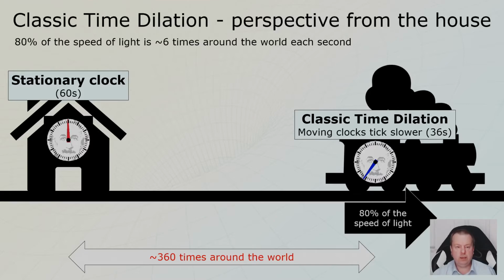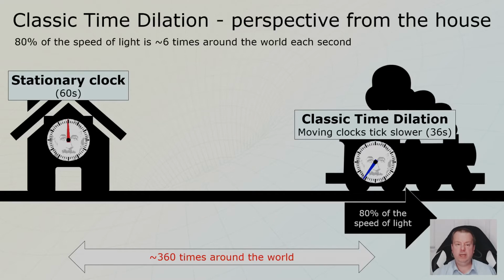So a moving clock ticks slower from our perspective, from the perspective of the person not moving. That second part is really important, so I'm going to say it again. Moving clocks tick slower from the perspective of the non-moving observer, in this case, from the house.